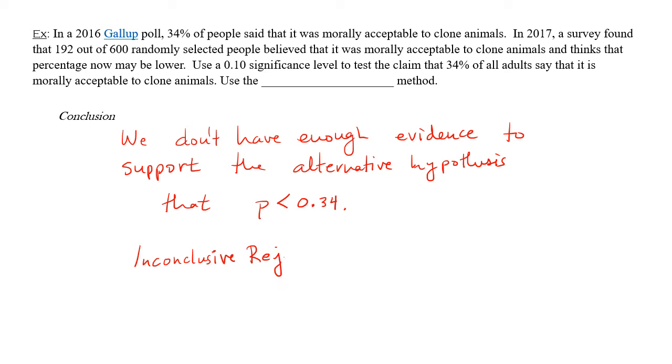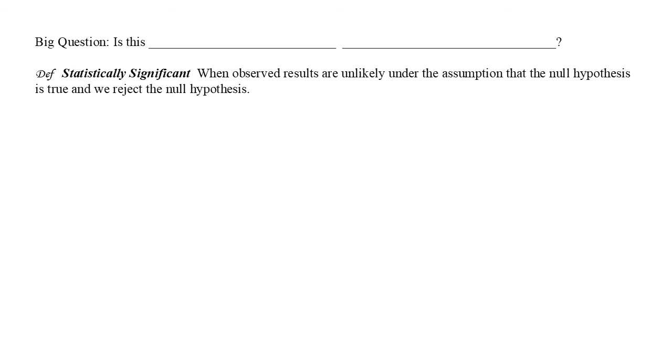In general, we will only get a conclusive result when we are able to reject the null hypothesis. But in this case, since we failed to reject, we weren't able to get a conclusive result. So the big question: is this statistically significant?